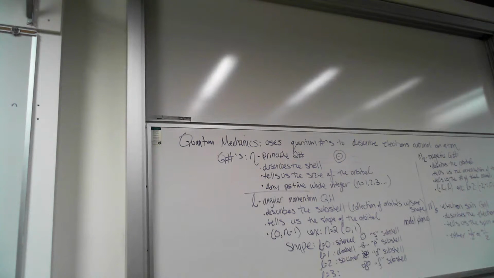It'll be 0. Remember, L ranges from 0 to N minus 1, and 1 minus 1 is 0, so our only possible L is 0. That means we're only going to have a spherical orbital at N equals 1. Every orbital contains 2 electrons, so this can have 2 electrons.